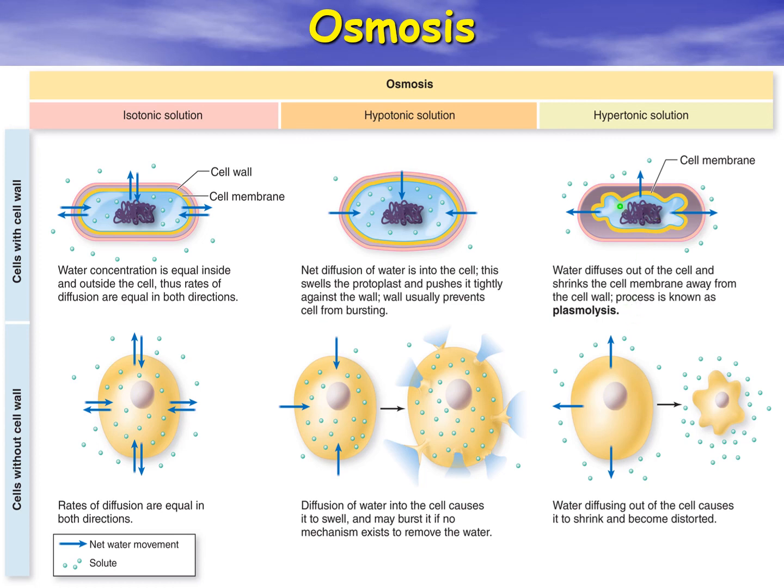So the cell doesn't burst and rupture, but it is shrinking and tearing the cell membrane, and that causes death of the cell. So eukaryotic cells are much better able to withstand hypertonic solutions, while prokaryotic cells with their steady cell wall are much better able to survive in hypotonic solutions.